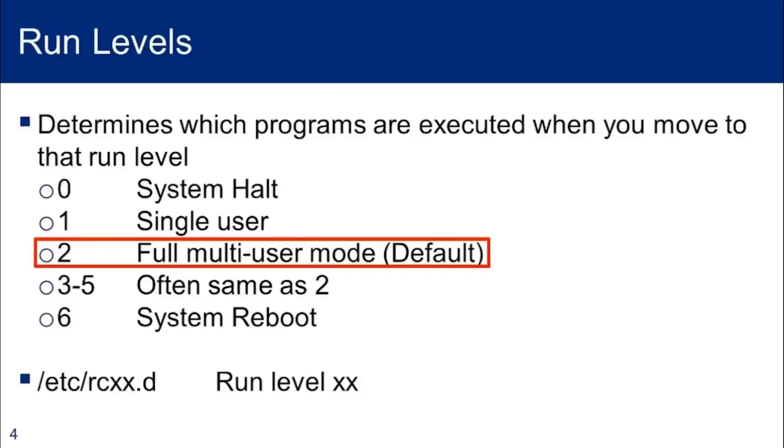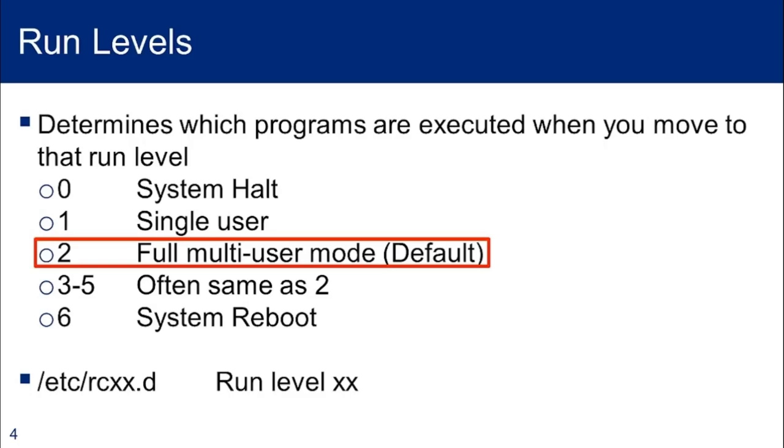Run levels determine which programs run when you enter that run level. These are the 6 run levels on a Linux system. 0, 1, 2, and 6 are pretty standard, but levels 3, 4, and 5 may vary. On some systems, they are identical to level 2, but on some systems they differ. The files that identify which programs will run are located in /etc.